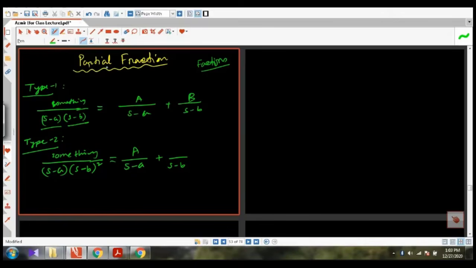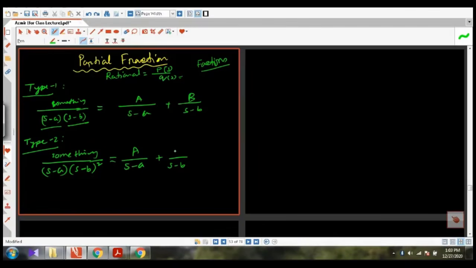But (s - b) whole squared, for this part, we have to decompose this function. These functions are called rational functions, having P(s) over Q(s) form, where the denominator is not equal to 0.